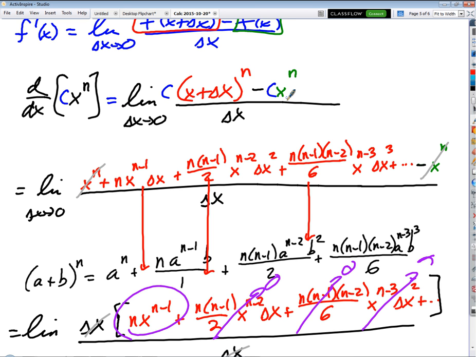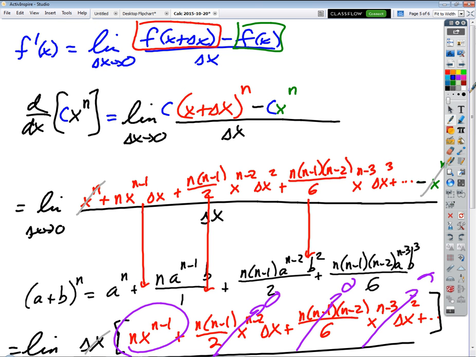What I'm saying is, if the original function had been c times x to the n, then f of x plus delta x would have been c times the quantity x plus delta x to the n, right? Now, from this point right here, I could have factored out that constant and pulled it out in front of the limit, like we did earlier.